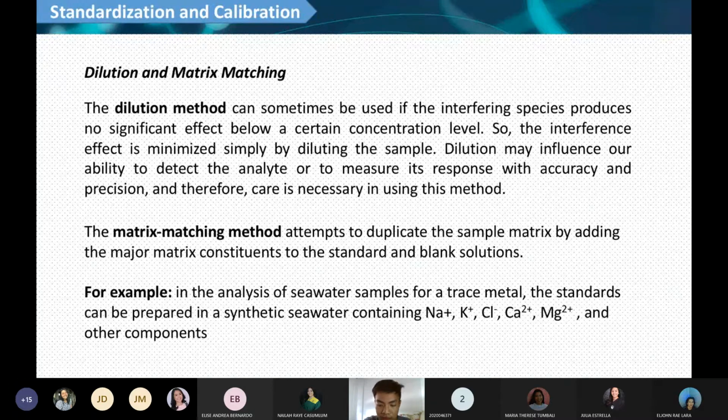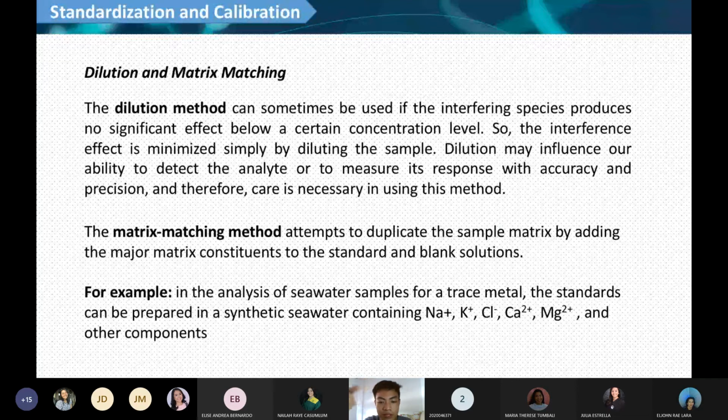And then the next one is the matrix matching. So in matrix matching naman, you duplicate the interferences from your sample, and then ima-minus mo yung reading doon sa inyong sample. So kumbaga, ito yung sample mo.